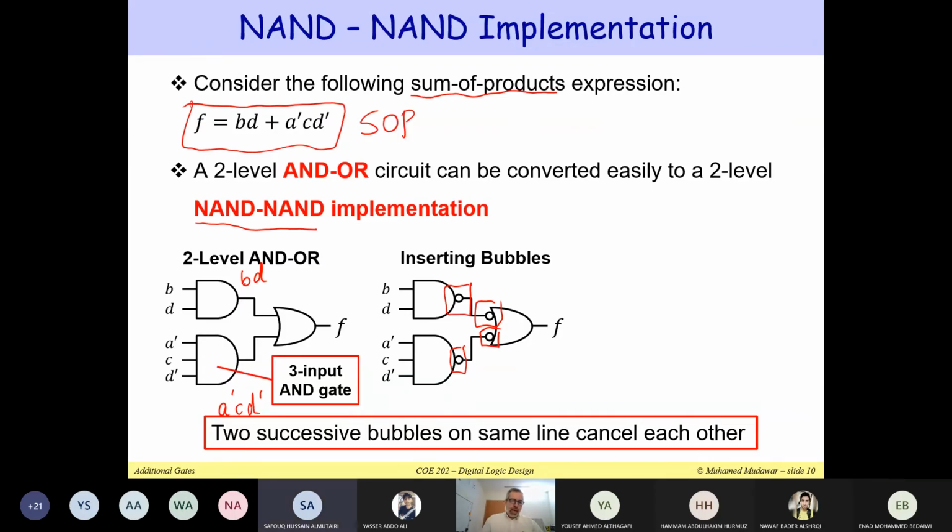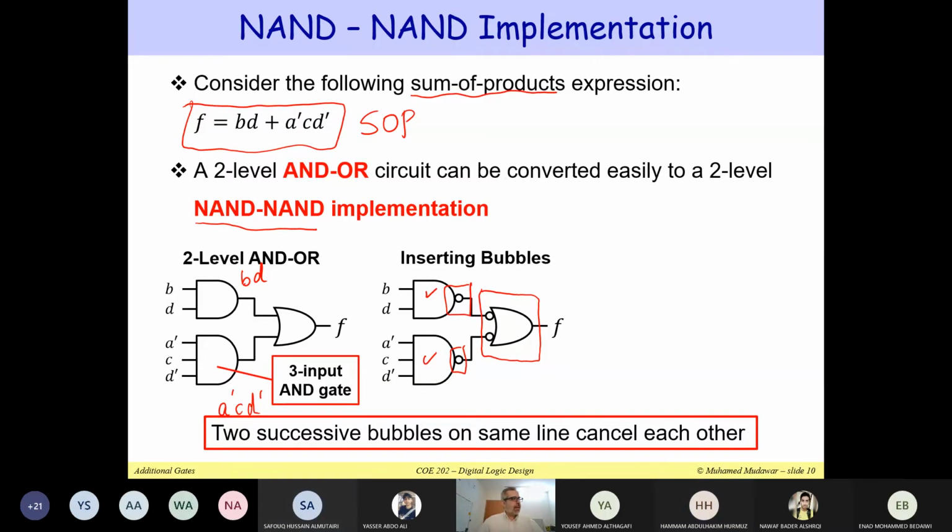Right. So now we have converted the first gates from AND to NAND. That's my first NAND gate. This is my second NAND gate. But the question is, what is this gate here? It is an OR, but with inverted inputs. So what is an OR with inverted inputs? NAND.